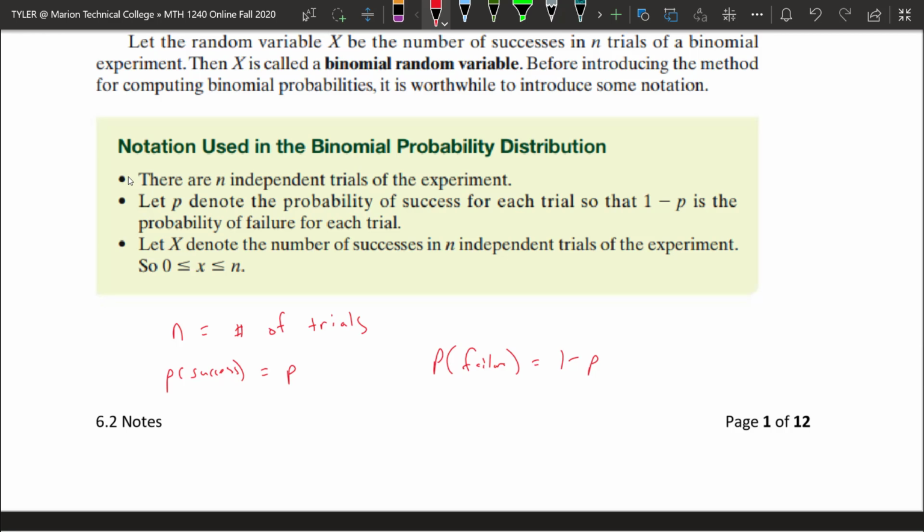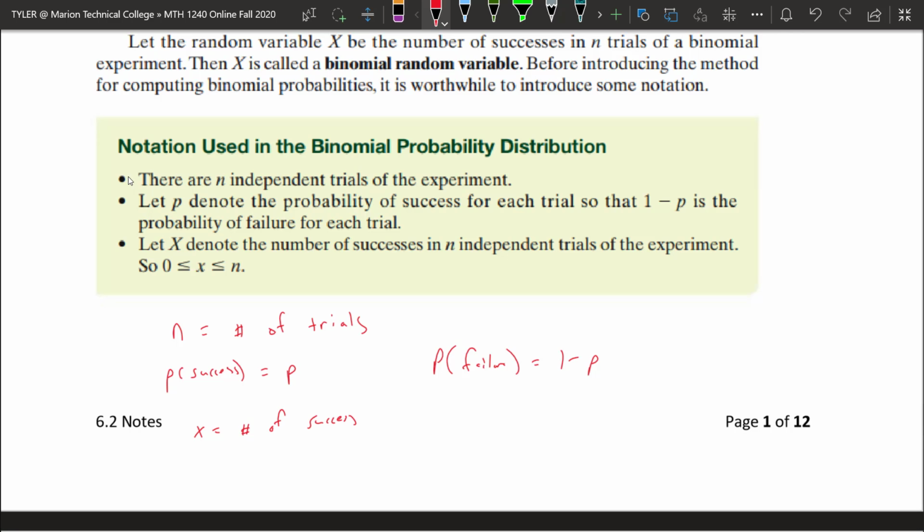And lastly, we're going to let the capital X variable denote the number of successes in n independent trials. So little x is going to take on those possible values. We're going to let little x be the number of successes.